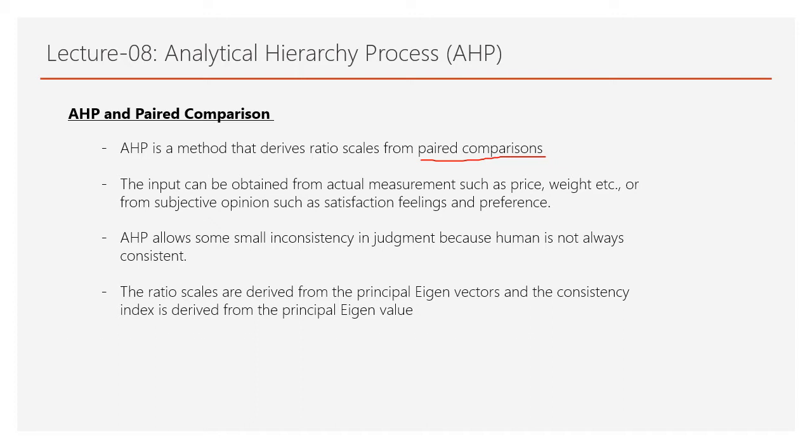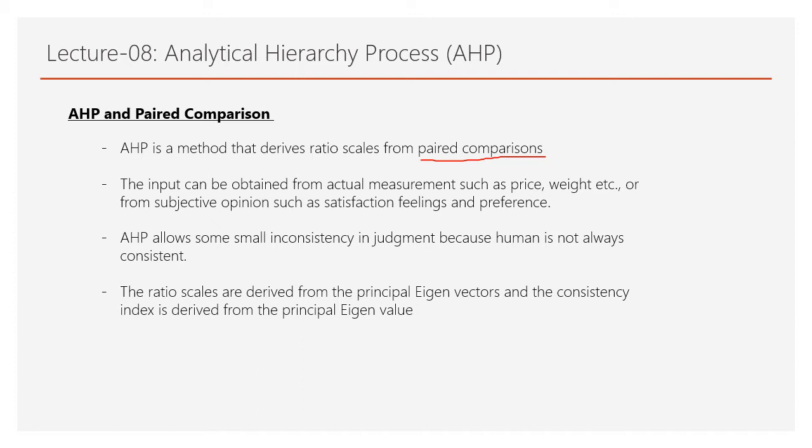So the input to this paired comparison can be obtained from actual measurements such as price, weight, if we're having actual quantified measures, or from subjective opinions such as how much you prefer, let's say, apples to oranges. Okay, so it's just a way to give relative weights or relative judgment when comparing one item to another or one criteria to another.